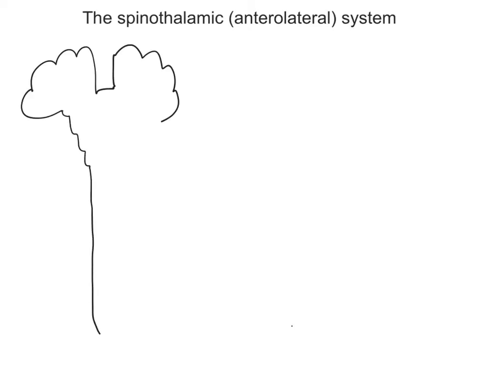So let's draw out the spinothalamic system in the same way that we do the dorsal column system. And the first thing we're going to do, of course, is draw our generic outline of the whole central nervous system with the cerebral hemispheres and the brainstem here with the spinal cord.